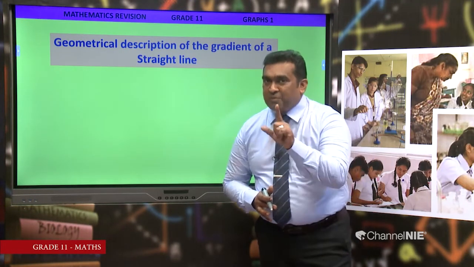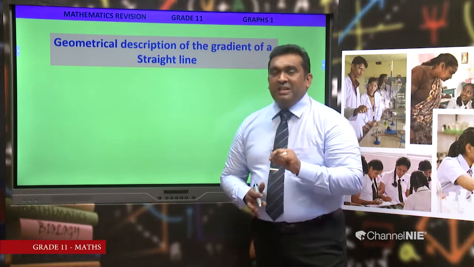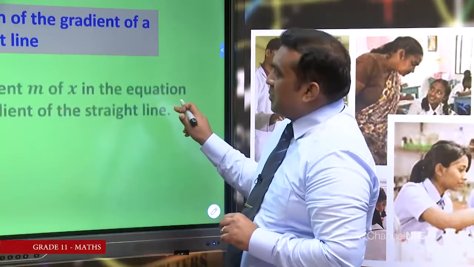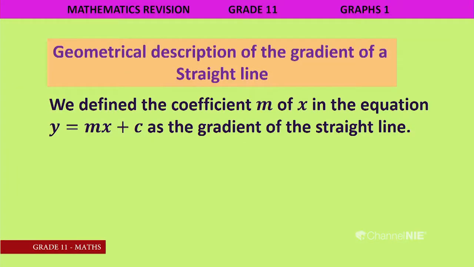If you consider the first point as x1, y1, and the second point x2, y2, we define the coefficient m of x in the equation y equals mx plus c as the gradient of the straight line. This is what we want to interpret here, right?